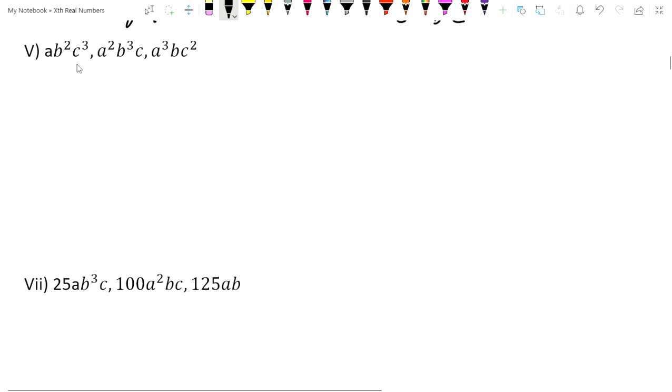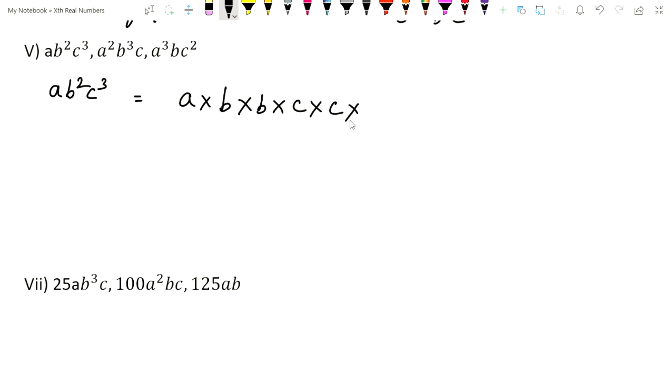a b square c cube, a square b cube c, comma, a cube b c square. First you split a b square c cube: a into b square, b into b, c cube, c into c into c.